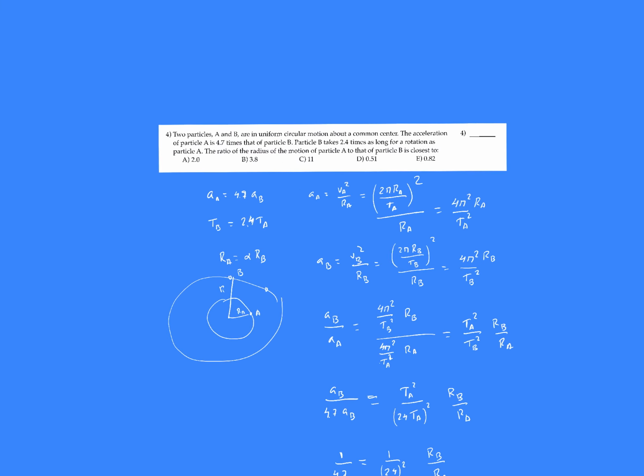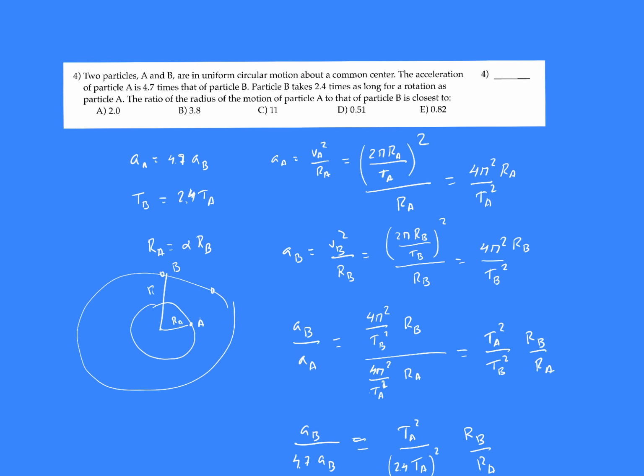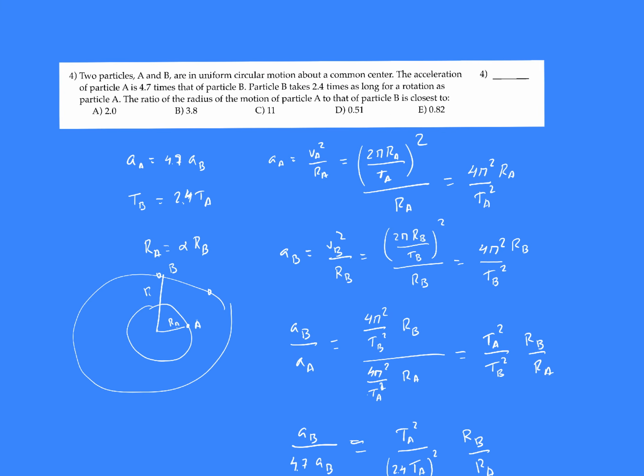The next problem is about circular motion. In a circular motion, there is acceleration, because even if it's a uniform circular motion, the word uniform means that the magnitude of the speed is not changing, but of course the velocity is changing all the time in direction.